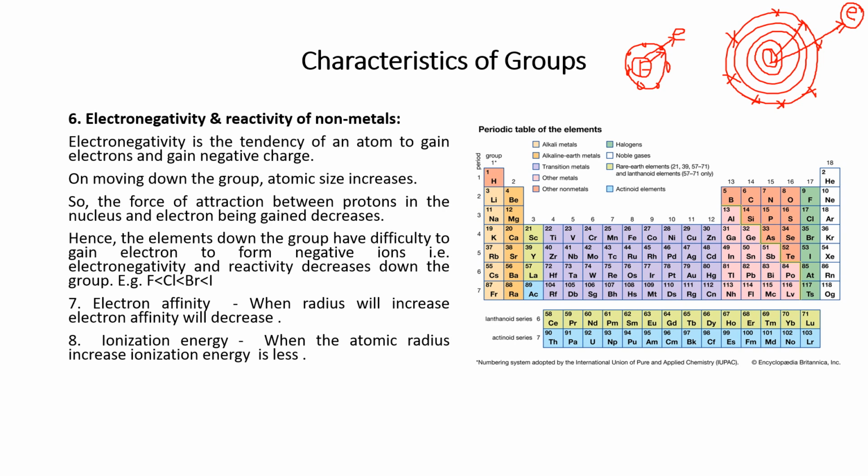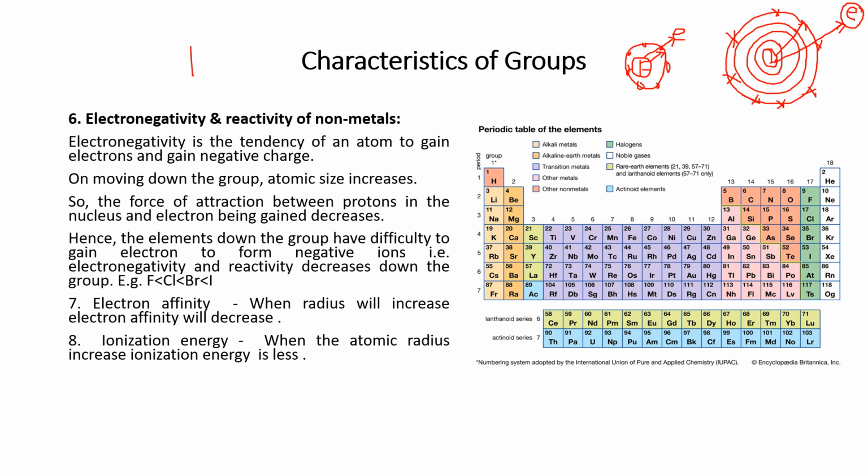Ionization energy. When the atomic radius increases, ionization energy is less. Ionization means to become an ion, that means to become a positive ion. Ionization energy means the energy to leave an electron. When the radius is less, it needs more energy to leave an electron.